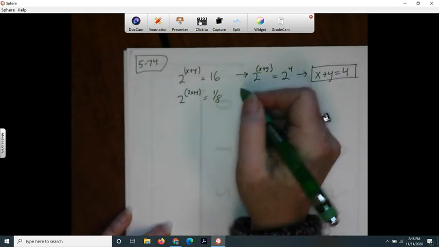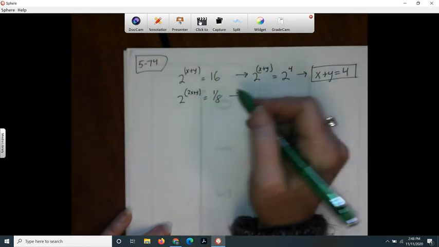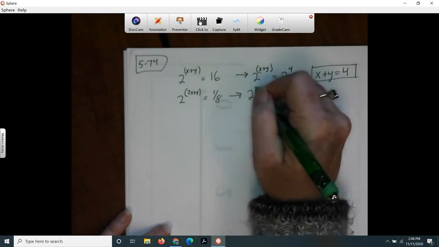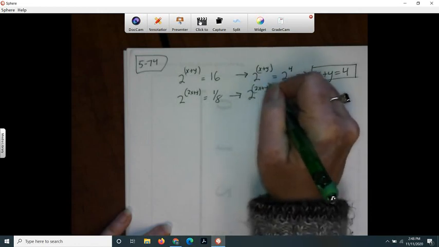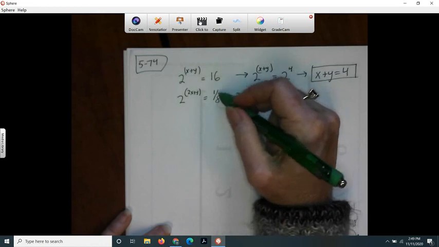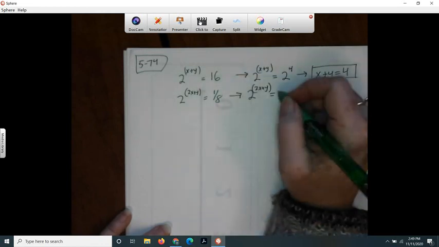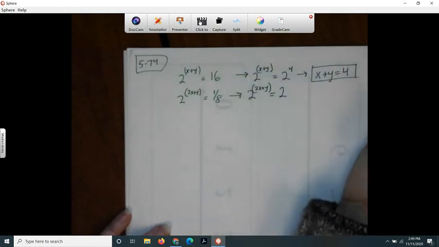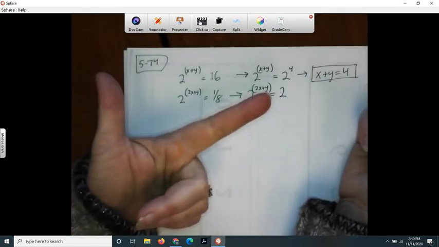So this one, I'm going to try the same technique on it. 1/8, I know I can write that as a power of 2. I can write that as 2 raised to some power. I just got to figure out what power it is. Well, 2 times 2 is 4 times 2 is 8.